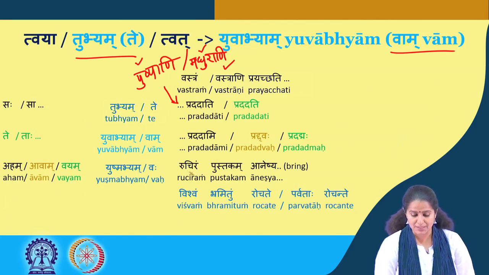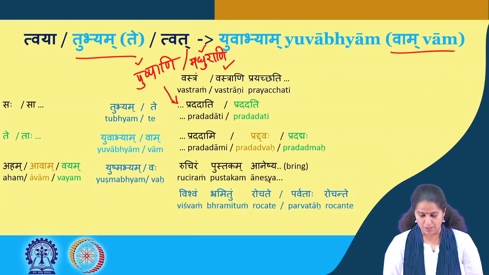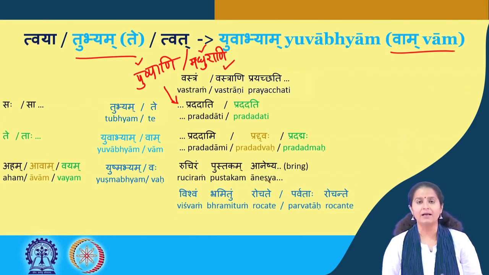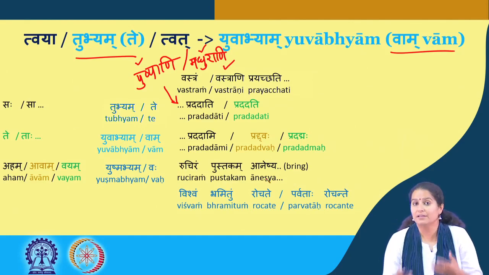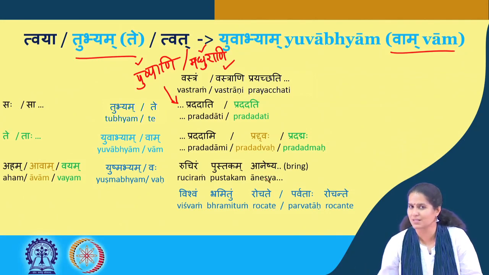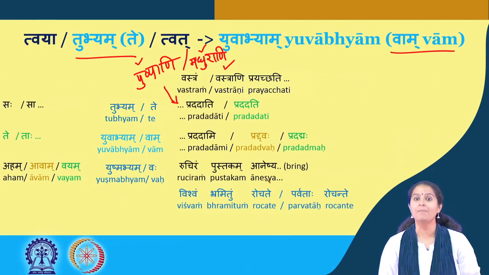And now what we'll also do is Ruchiram Pustakam Aneshyati. We'll bring an interesting book. So Ruchiram Pustakam Aneshyati. So Kaha Ruchiram Pustakam Aneshyati. And here it's not just about Kaha Ruchiram Pustakam. If I asked you that question, you would say Saha Ruchiram Pustakam Aneshyati. And then my question would be Kabhyam. So for whom? Kabhyam Ruchiram Pustakam Anayati.